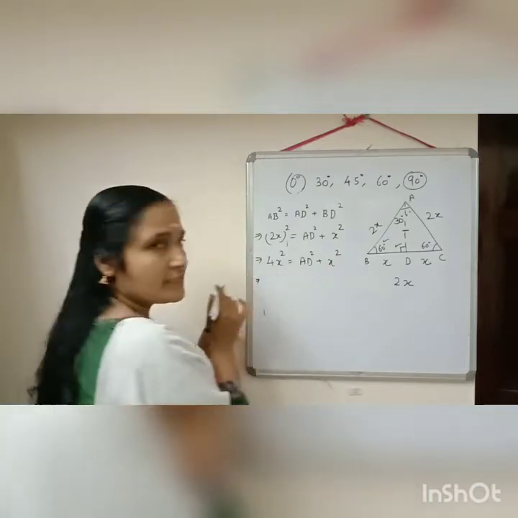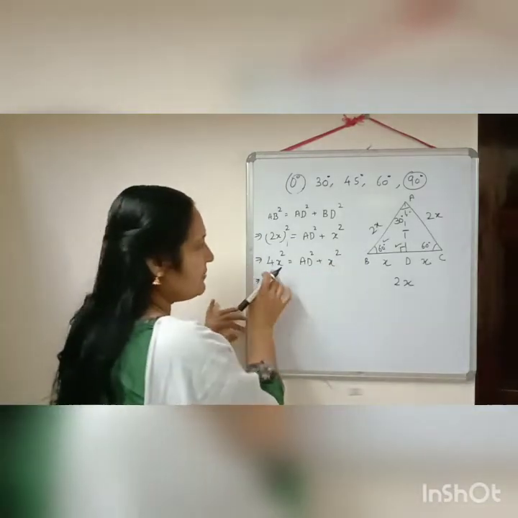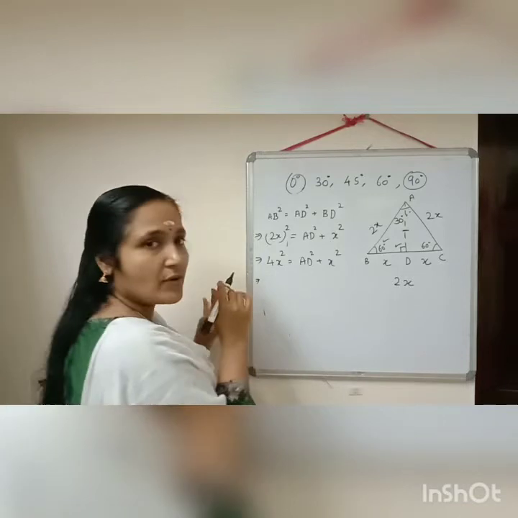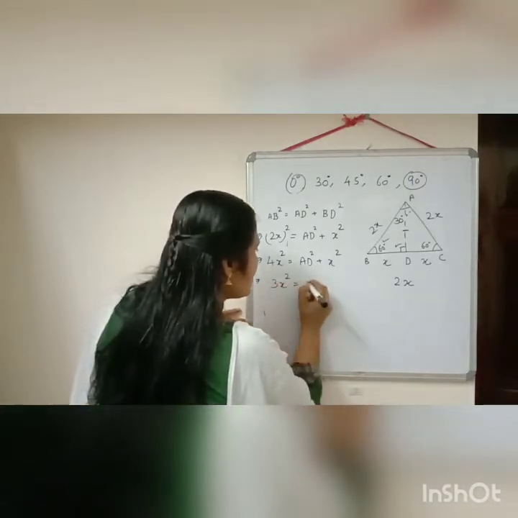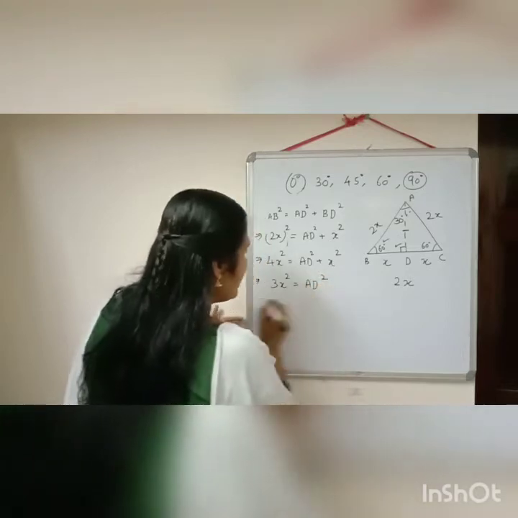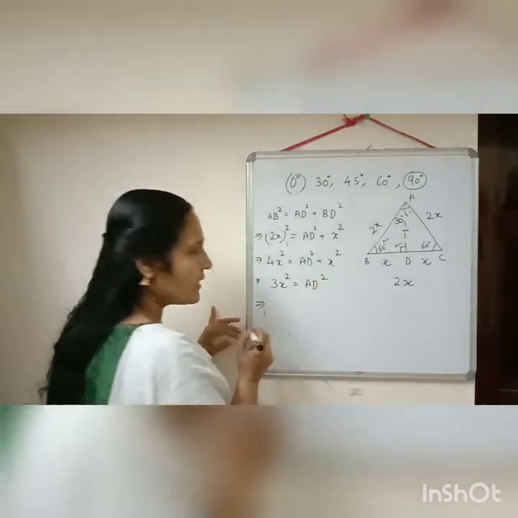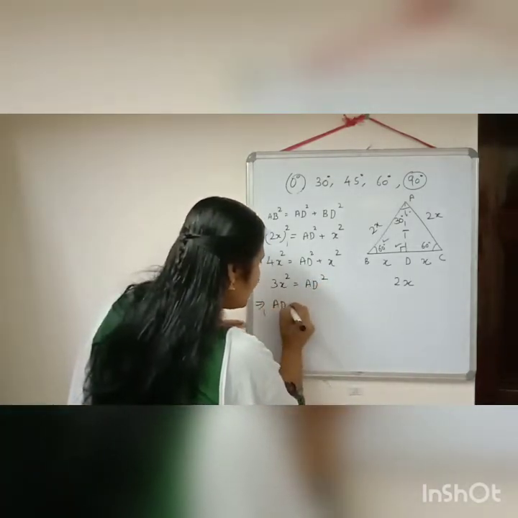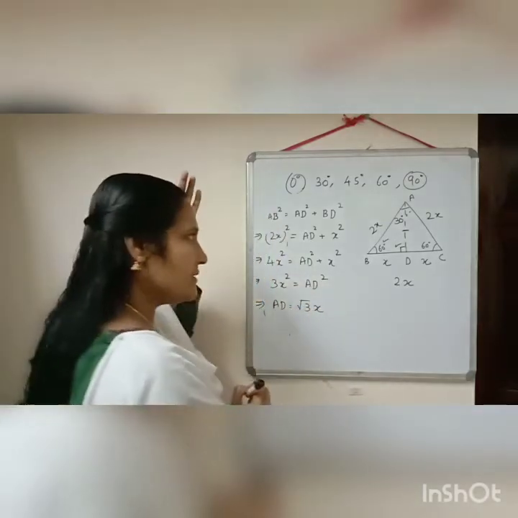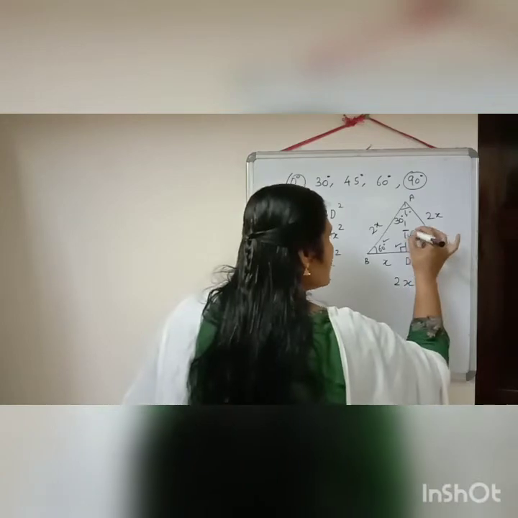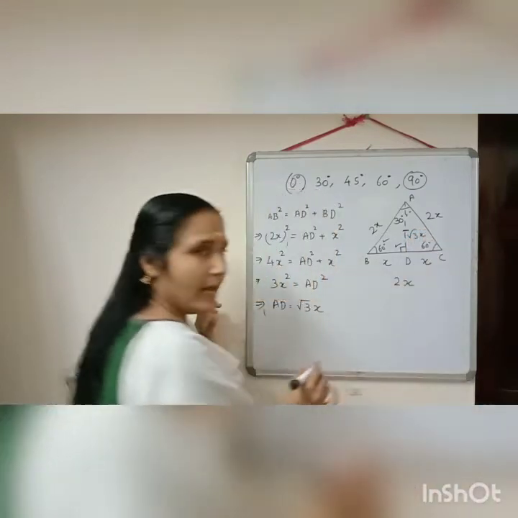X square we can shift to the left hand side, then it will be 4x square minus x square, which is equal to 3x square. So 3x square is equal to AD square. So from here we will get AD is equal to root 3 x.